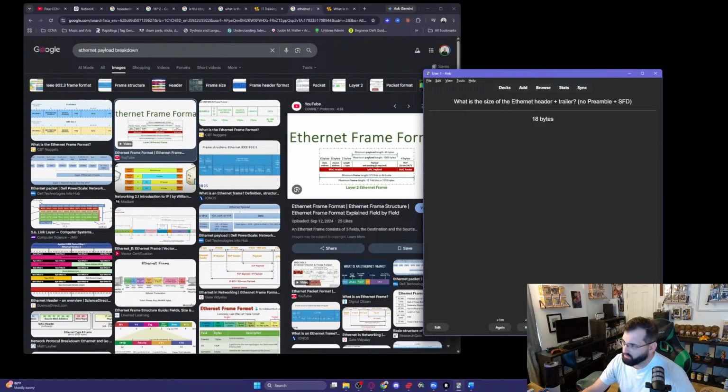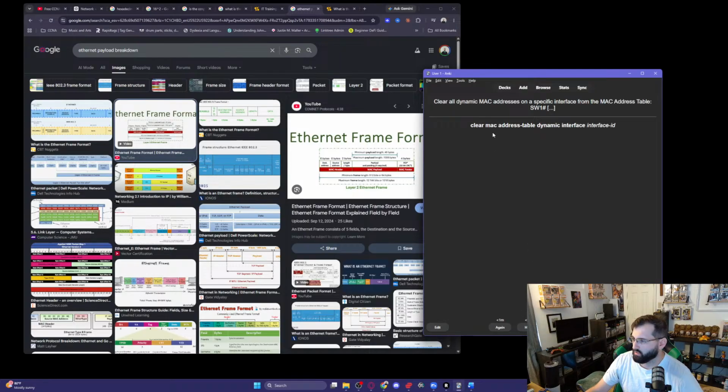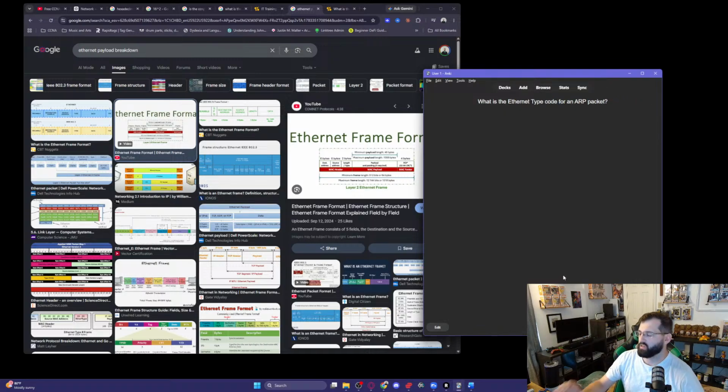Didn't we say it was 18? Yeah. Clear all dynamic MAC addresses. So it's literally clear. Is it clear all or just clear MAC address table dynamic? Clear MAC address dynamic interface ID. I need to practice some of these. What is the Ethernet type code for ARP packet?